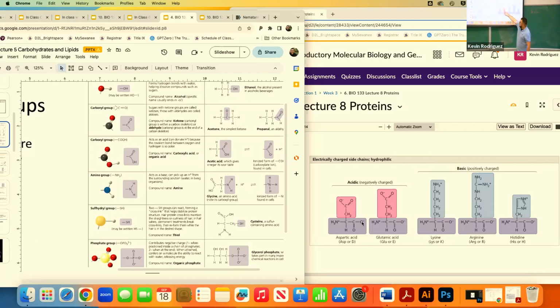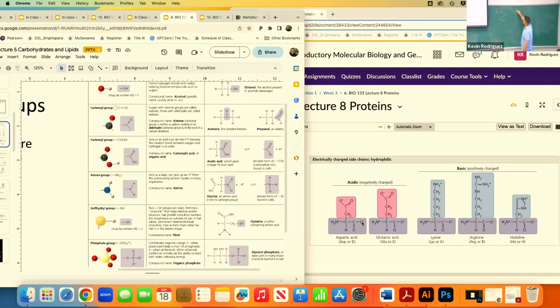You see C double bonded to O, and then single bond to O, that carboxylic acid, with a negative charge. If you see this, you know you're working with an acid. Whether it has one carbon in the middle or two carbons in the middle, as long as you see this show up, you should be thinking that amino acid is acidic.